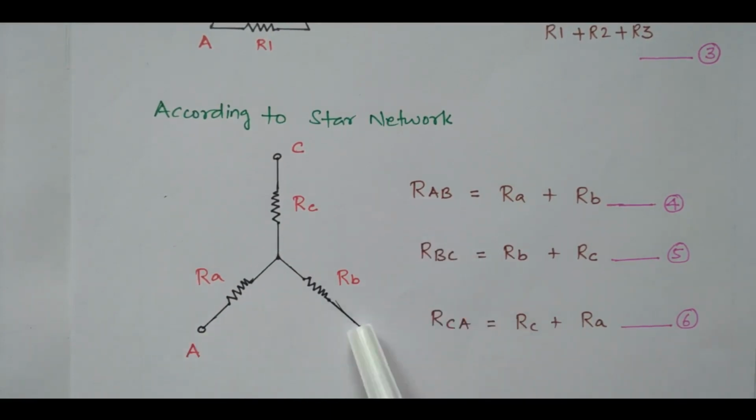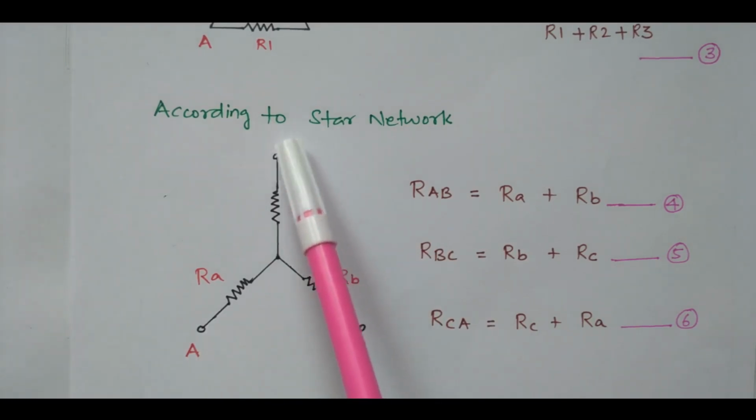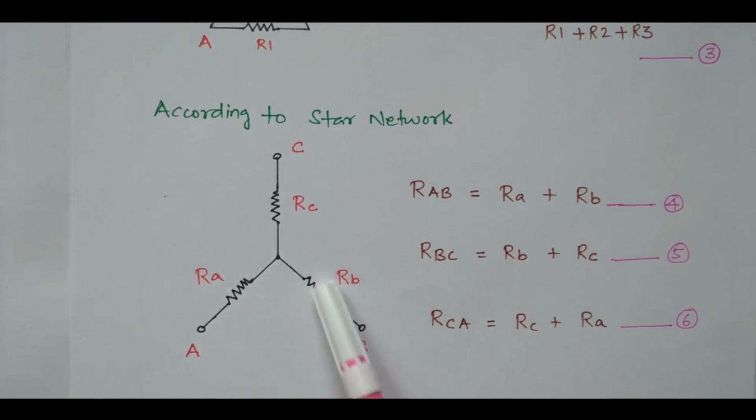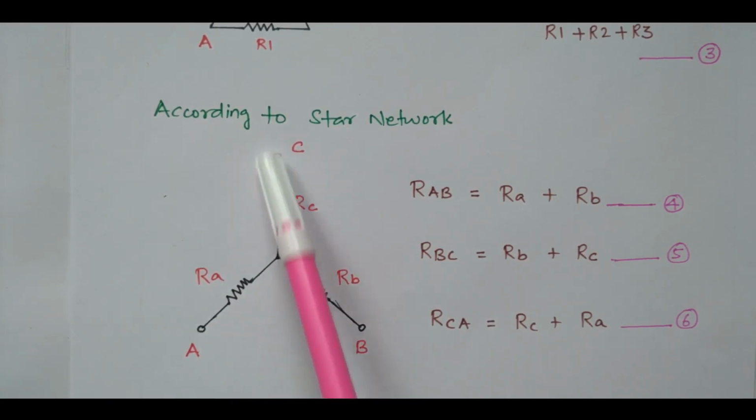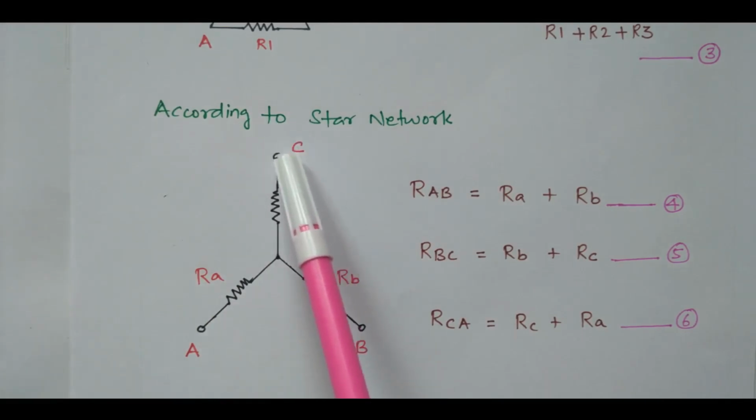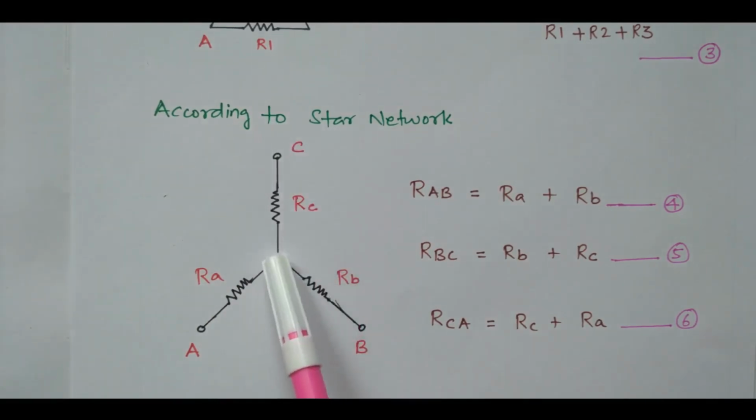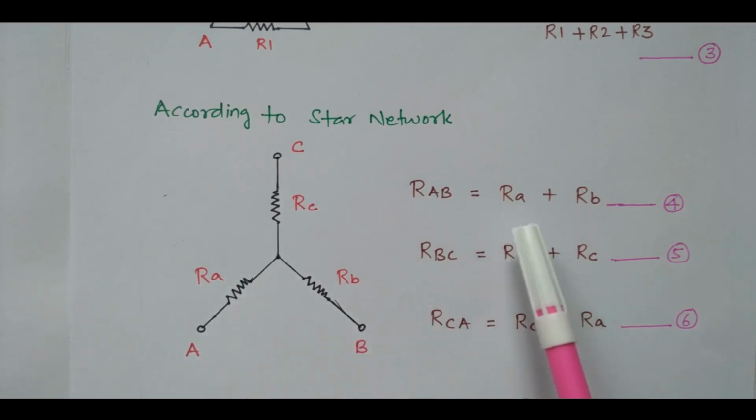What is the resistance connected between A and B? If we consider A and B, C is not considered. In between A and B, only RA and RB are connected in series. This terminal is open. If C is not considered, this will be open. So in the star network, the resistance between A and B is RA plus RB.